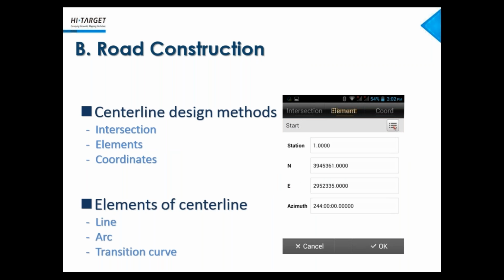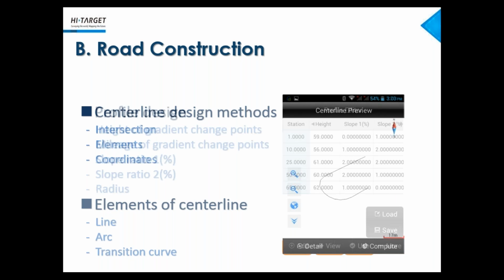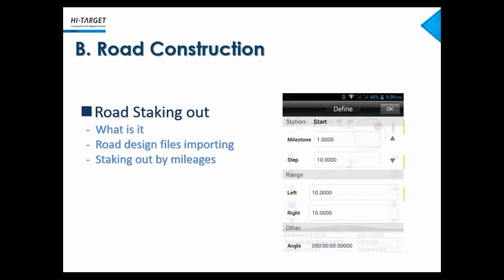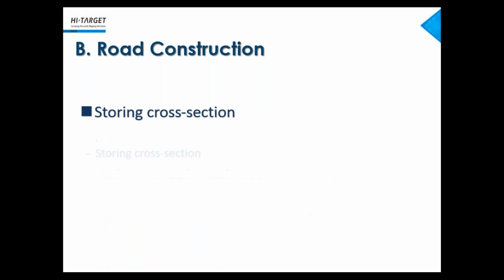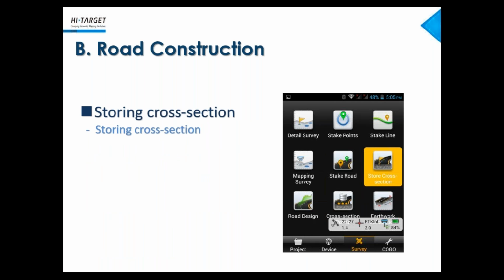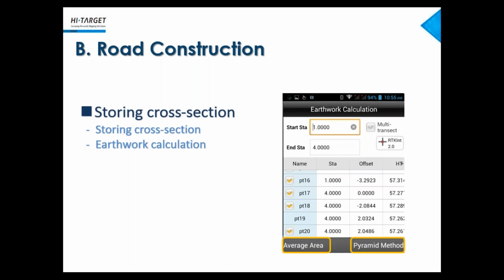If you want to get a very accurate result, that means at least you need to store the detail points with a small interval. And then you need to use the pyramid method to get a higher accuracy result. But I think the average one is already useful.